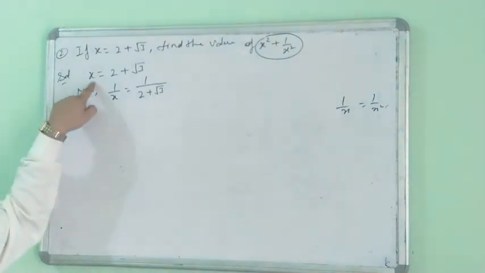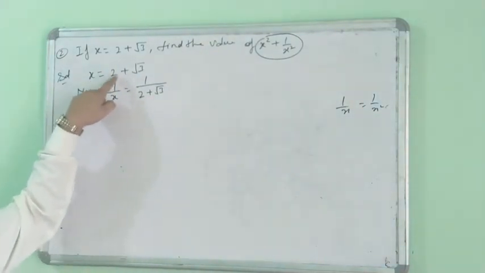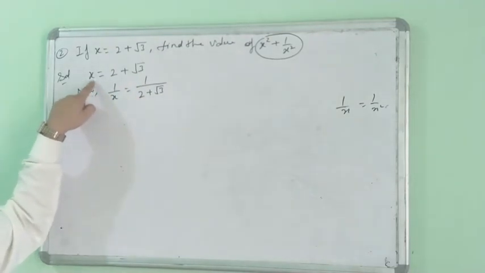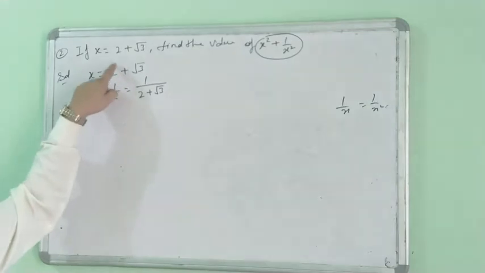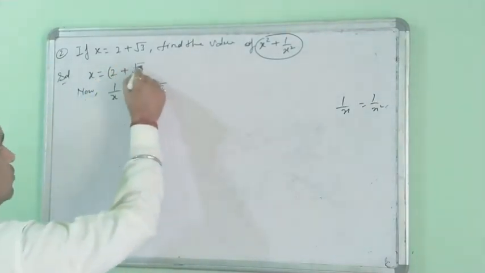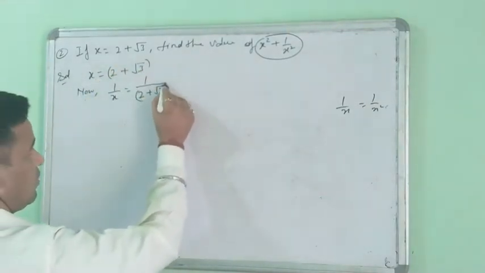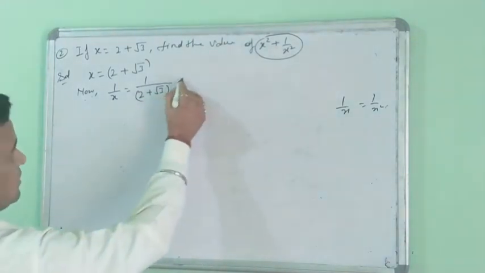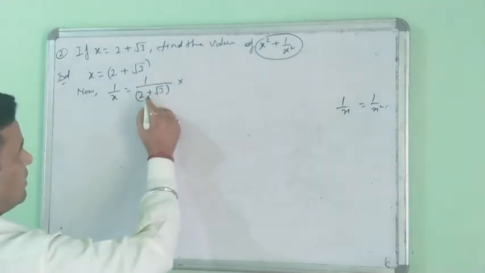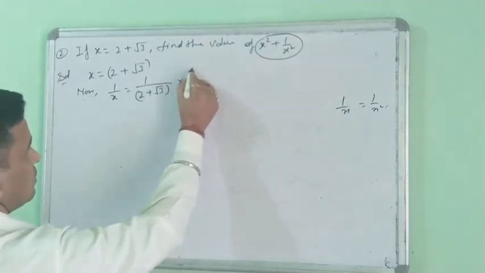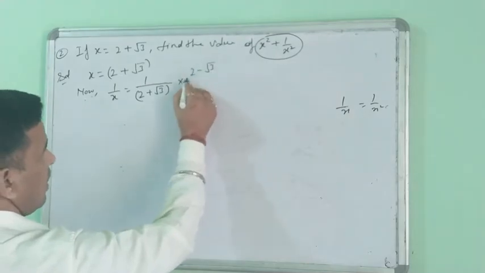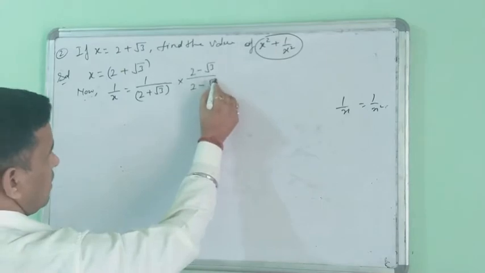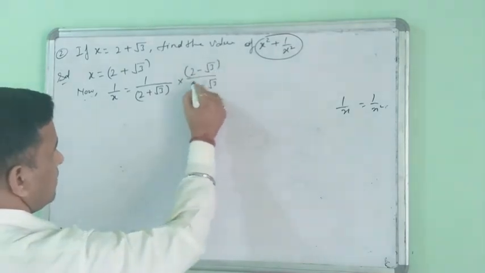The value of x given here is 2 plus root 3. Then you will write 1 upon x, the reciprocal of x. Similarly, you write the reciprocal of 2 plus root 3, which is 1 upon 2 plus root 3. After that, you rationalize this by multiplying by the conjugate of this portion: 2 minus root 3 upon 2 minus root 3. Multiply and divide by the conjugate of this denominator. The conjugate of 2 plus root 3 is 2 minus root 3, multiply and divide.